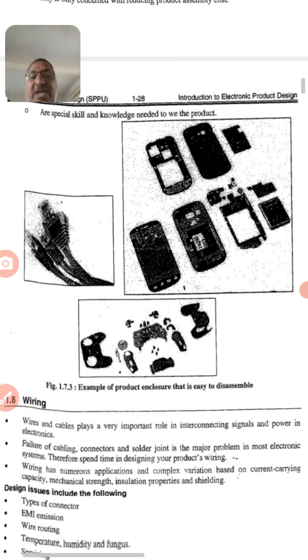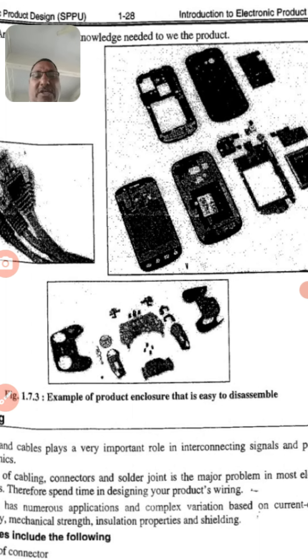So in figure 1.7.3, these are the different parts of the mobile in which assembly should become easier. While assembling it and disassembling it, it should be easier. While assembly, all parts should be fixed at their appropriate place.